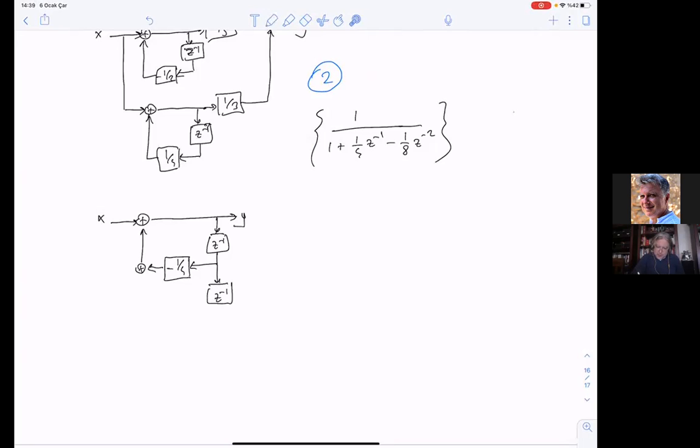So from here to here, actually, it's like z to the -2 times y of z, or the signal at this point will be notated as y of n-2. You can also think of it like that. And that output is multiplied by the negative of -1/8, which is +1/8, actually.